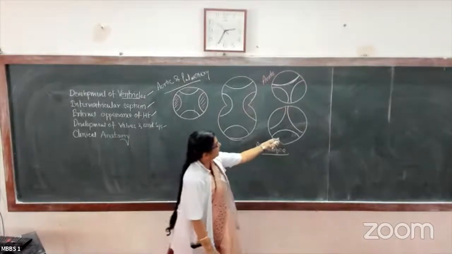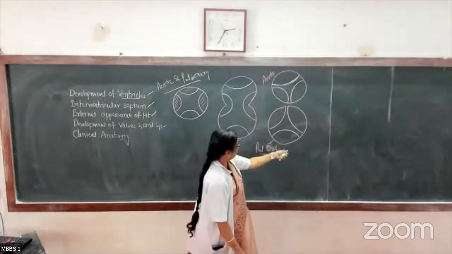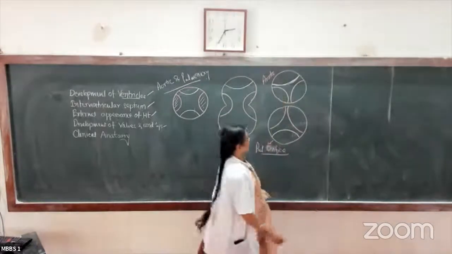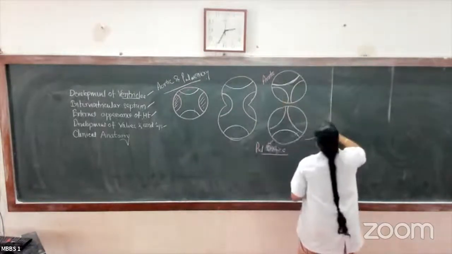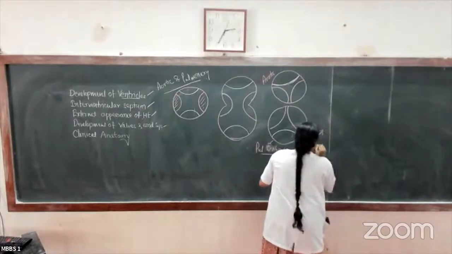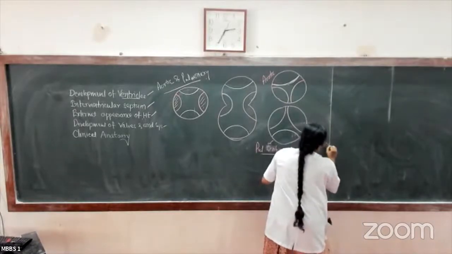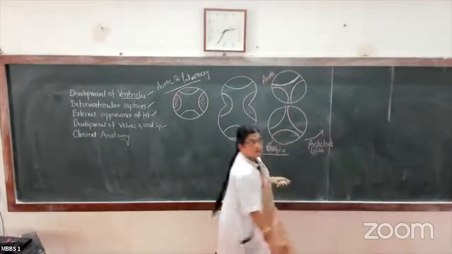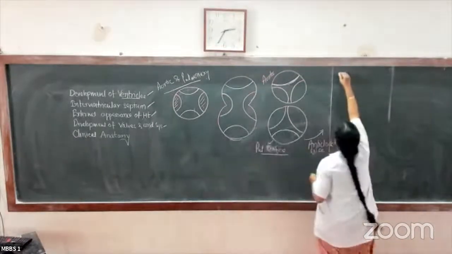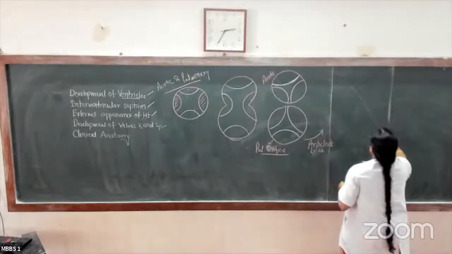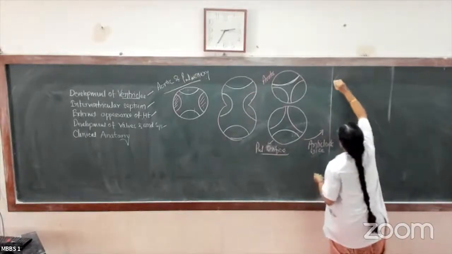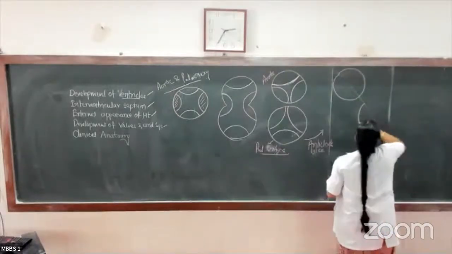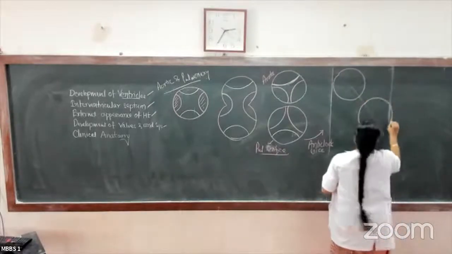Now out of this pulmonary orifice and aortic orifice, the pulmonary is ventral and the aortic is dorsal. Now they rotate in an anti-clockwise direction. So what happens? They get placed obliquely like this, so that this one is the aorta and this is the pulmonary trunk.